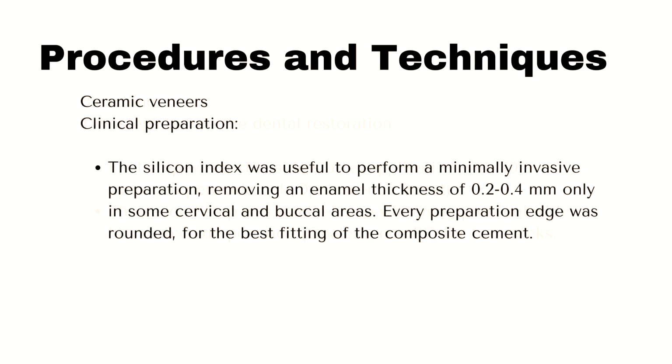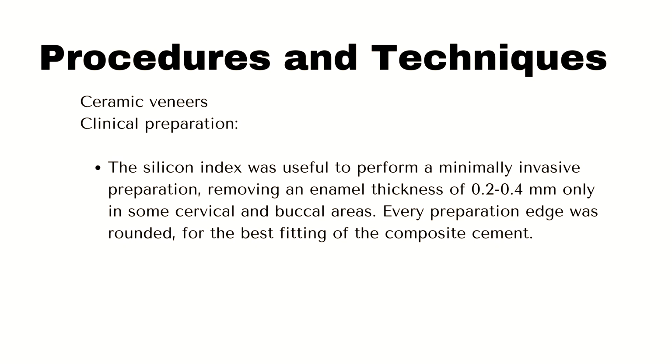Procedures and techniques of ceramic veneers. There are two types of preparation, clinical and laboratory. We must tackle the clinical preparation first. The silicon index was very useful to perform a minimally invasive preparation.